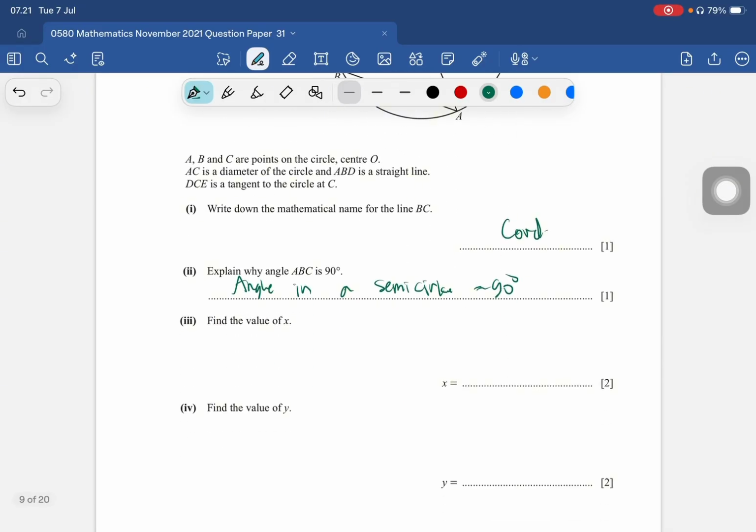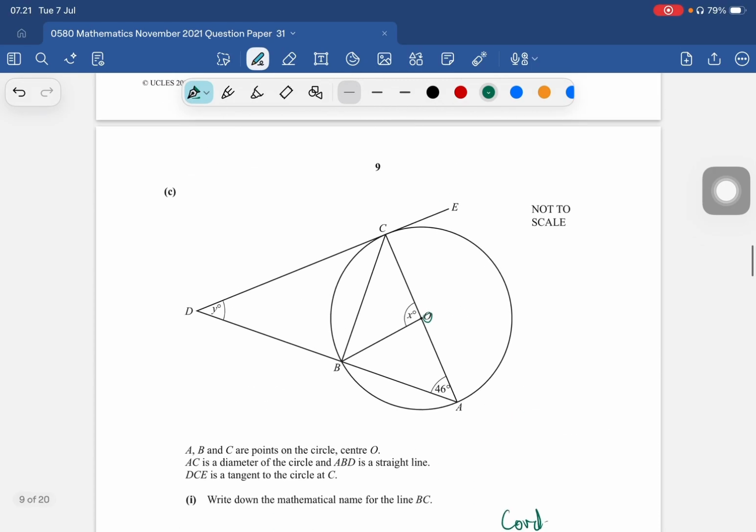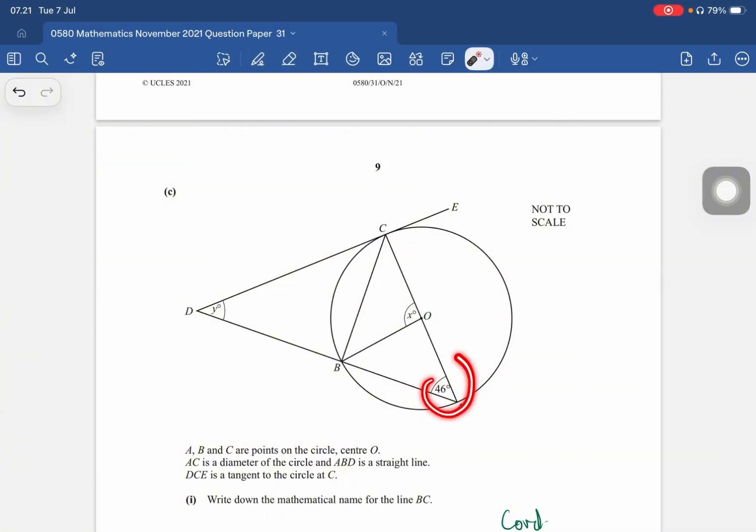Next, let us find the value of x. Okay, here we have the information. Here is 46 degrees, and B, O, A. Here's the information that we got.